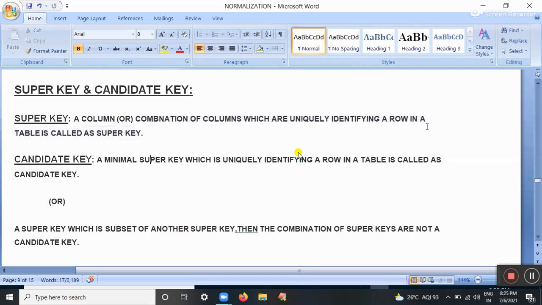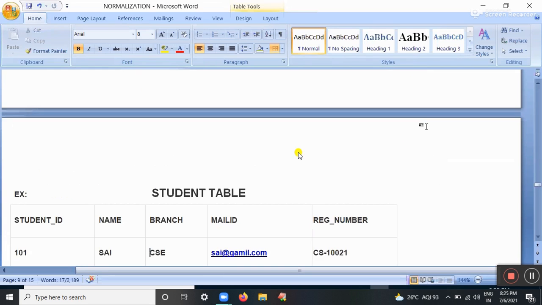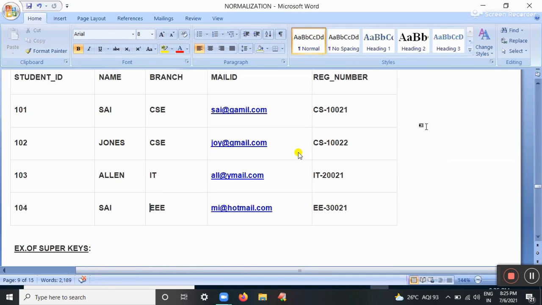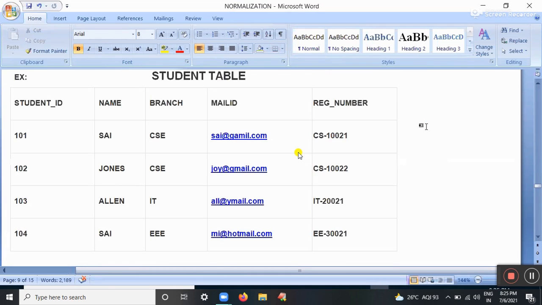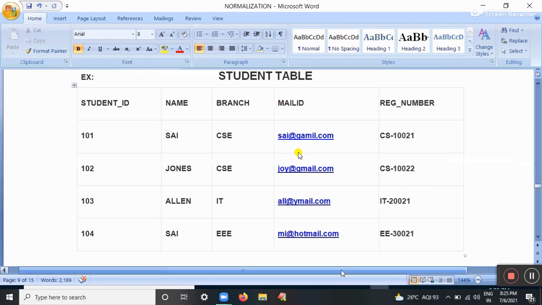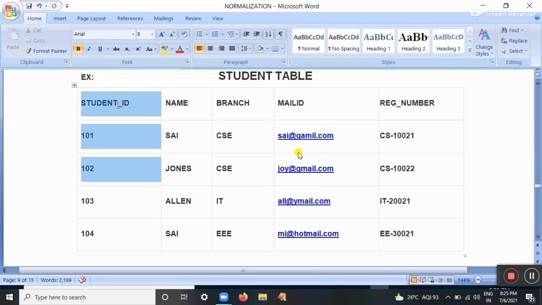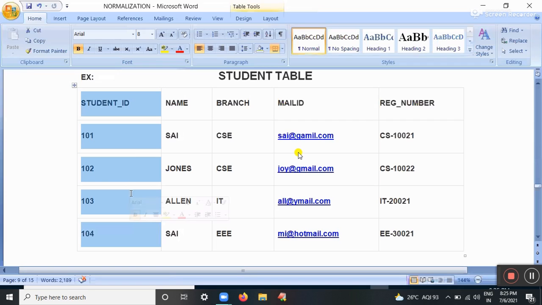For example, let's look at the student table. In the student table, student ID is there.